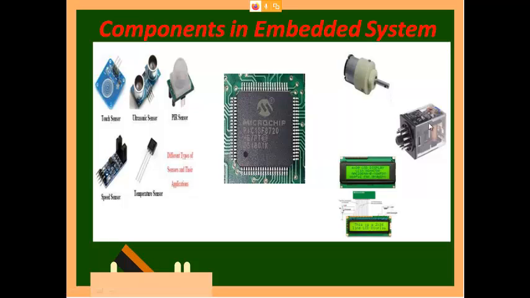So motor as well as relay, and there should be some display units also. In a car you should have a dashboard. In the dashboard everything will be the display, so you need some display. I think you know there are so many types of display, like LED, LCD. LCD is nothing but liquid crystal, LED is nothing but light emitting diodes.